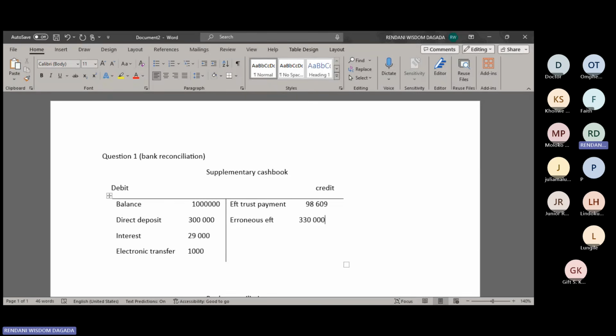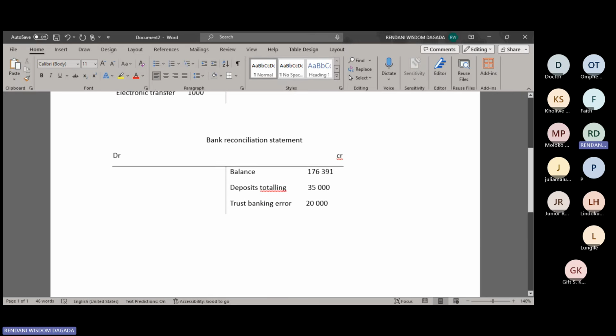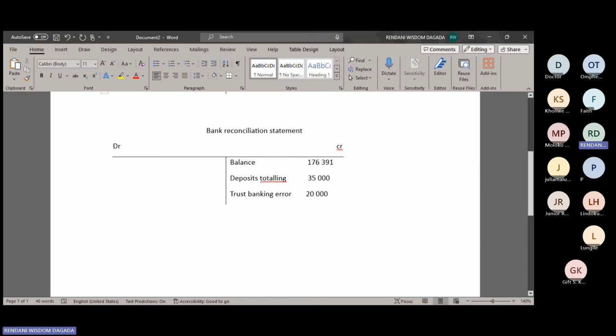EFT payment made from the business account for 400,000 is incorrectly reflected on the trust banking account. When we start talking about the trust banking account, we go to the bank reconciliation statement because that's where we deal with bank things. So EFT payment made from the business bank account for 400,000 is incorrectly reflected on the trust banking account.